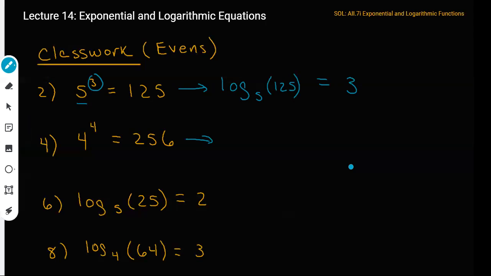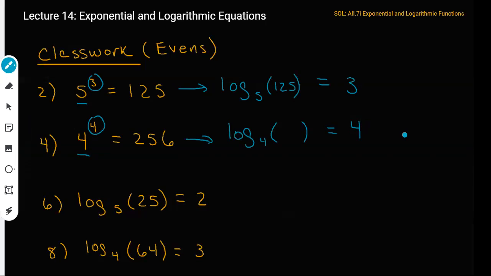Let's try the next one. What's the base for number 4? It would be 4. Now, I'm raising 4 to some power. That's going to be my exponent. So that 4 that I just circled is going to get thrown to the other side of the equal sign.